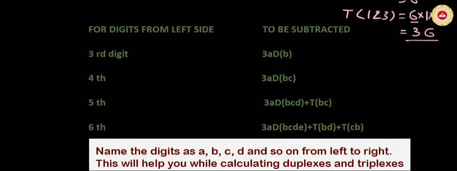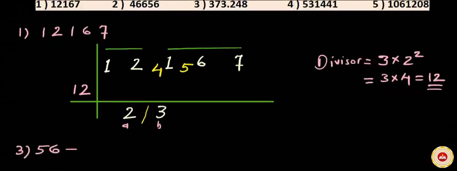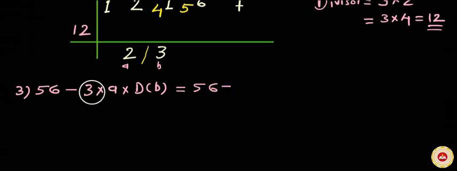Refer to this. For the third digit, subtract 3 multiplied by A multiplied by the duplex of B. What is that? 56 minus 3 multiplied by A, the first left digit, multiplied by the duplex of B. How to calculate the duplex of a single digit?